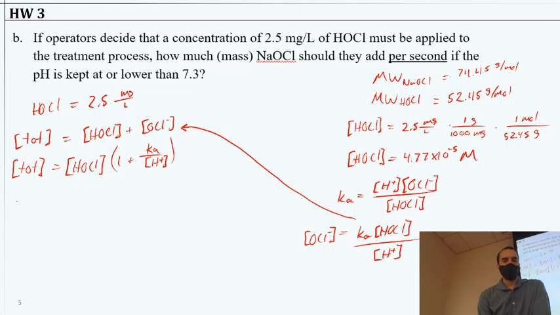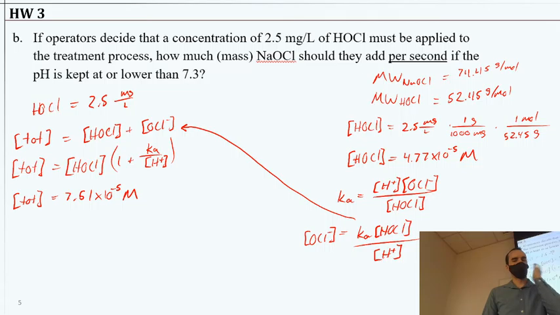That gives us a total value of chlorine. If we put that in, that should be 7.51 times 10 to the minus fifth moles per liter of chlorine total, free chlorine.